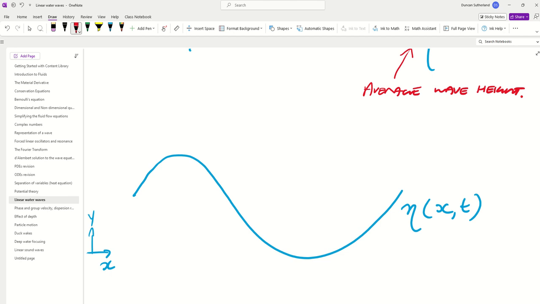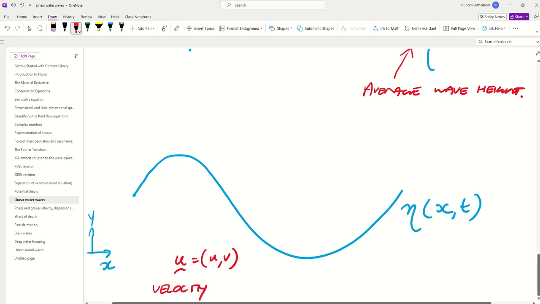So you have velocity information. U is this as a vector, and you have that as a function of x, y, and t, right?